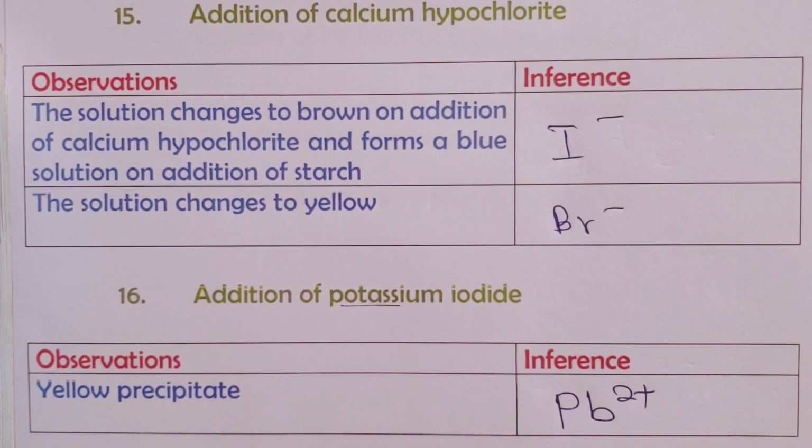We are lastly looking at addition of chloride ions. Chloride ions may this time round be obtained from either adding hydrochloric acid, a few drops, or we can even use barium chloride.